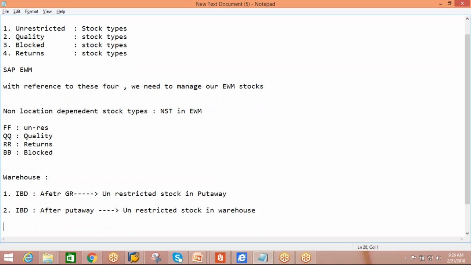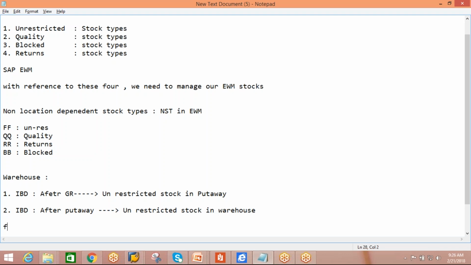Once after doing the GR, the stock should be maintained as unrestricted stock in putaway, and after putaway completion, I want to manage it as unrestricted stock in warehouse.